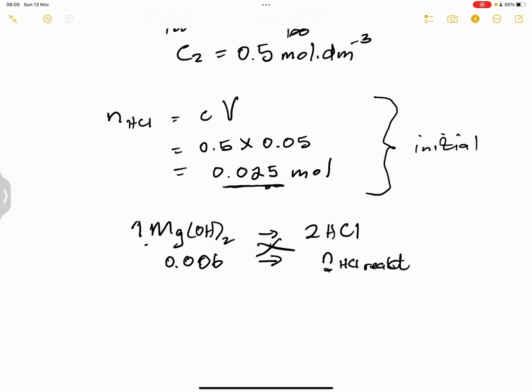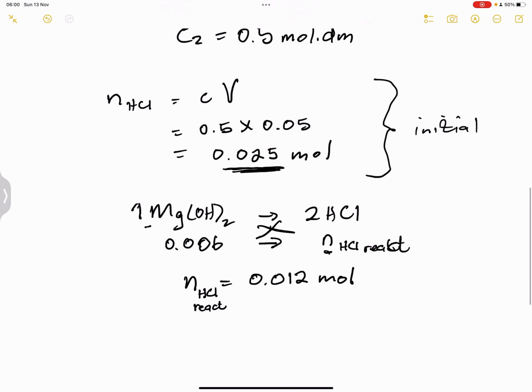So n times 1 in this case will be n, and 0.06 times 2 will give me 0.012 moles. So these are the number of hydrochloric acid moles that are going to react. But how many did we have, ladies and gents? We had 0.025 initially, right?